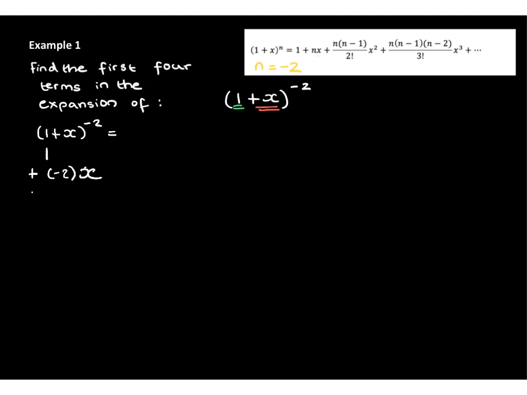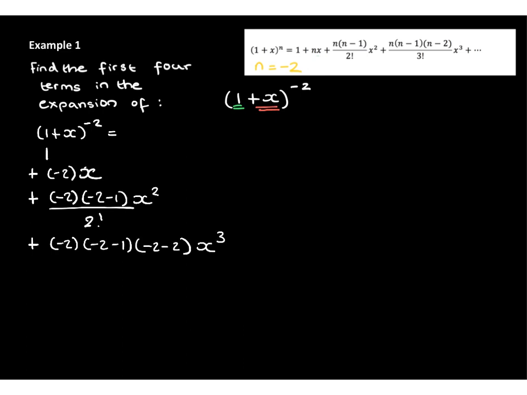My next term is n multiplied by n minus 1 multiplied by x squared all over 2 factorial, and then my next term is n multiplied by n minus 1 multiplied by n minus 2 multiplied by x cubed all over 3 factorial.